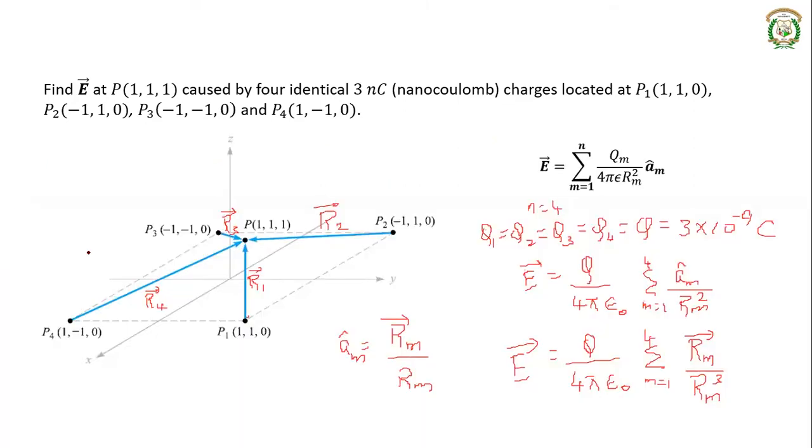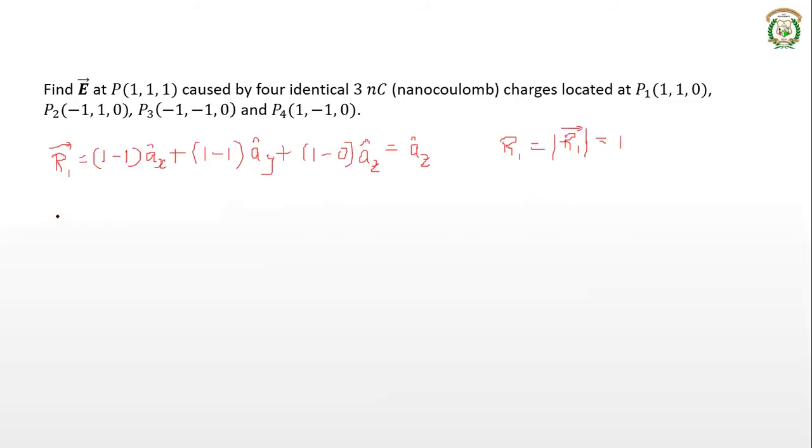Now R2 is this distance from here to here. So we will take R2. It will be P minus P2, so 1 minus minus 1 AX plus 1 minus 1 AY plus, in the Z axis, 1 minus 0 AZ.